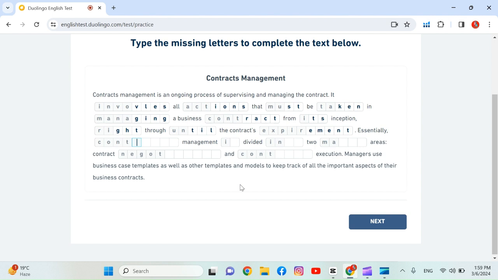Essentially, contracts management is divided into two major areas: contract negotiation and contract execution. Next.